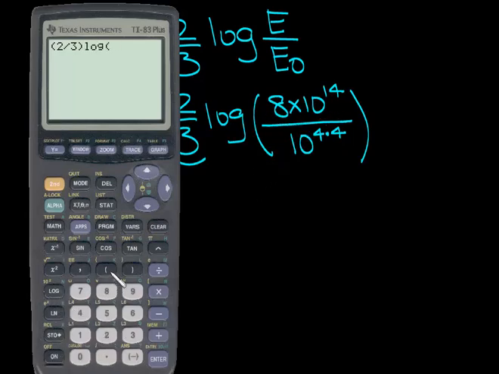So I'm going to need a parentheses 8 times 10 raised to 14, and then close the parentheses, divide that by 10 raised to 4.4.